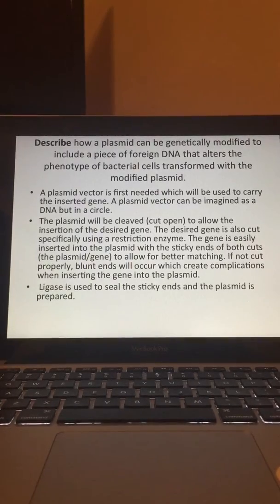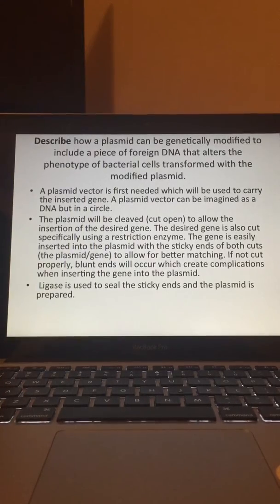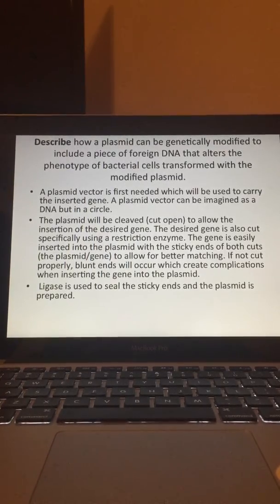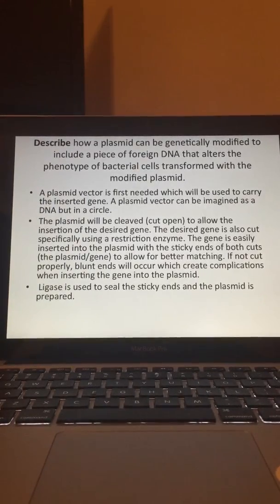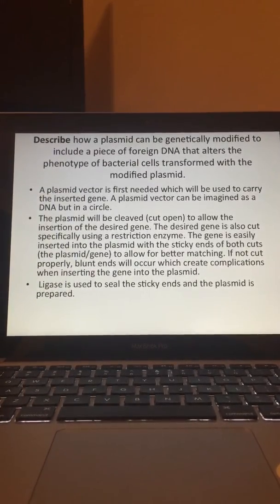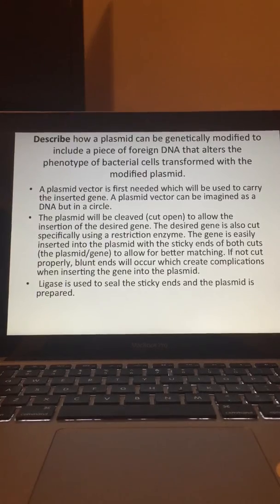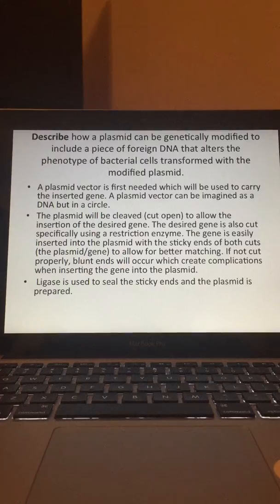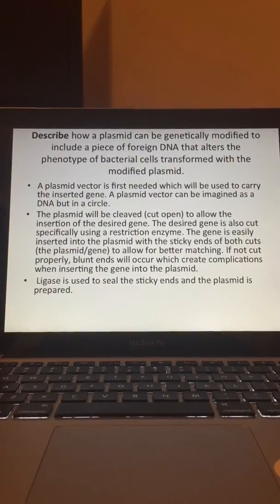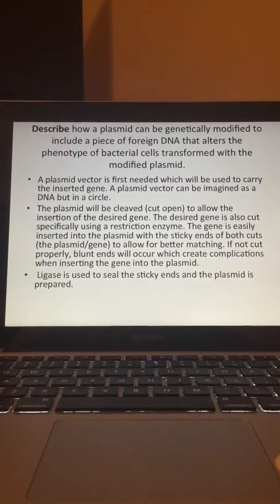But it's important that when cutting it, it was cut so that there would be sticky ends, which is basically the overhanging of the nucleotides, which I'll show in the next slide. And once you have that, it's almost like a puzzle, so it allows for easier matching. And then once you put the gene in, you're going to have ligase, which will seal up the plasmid.